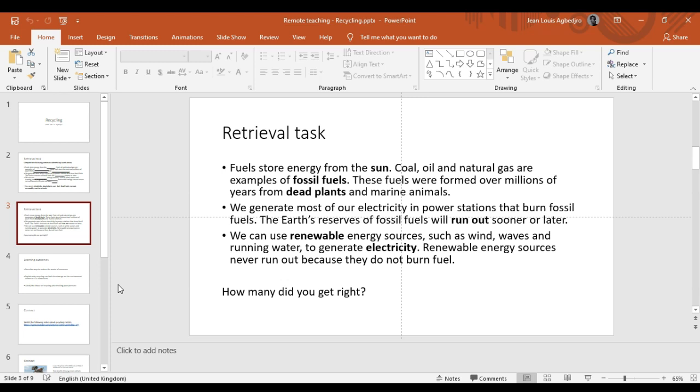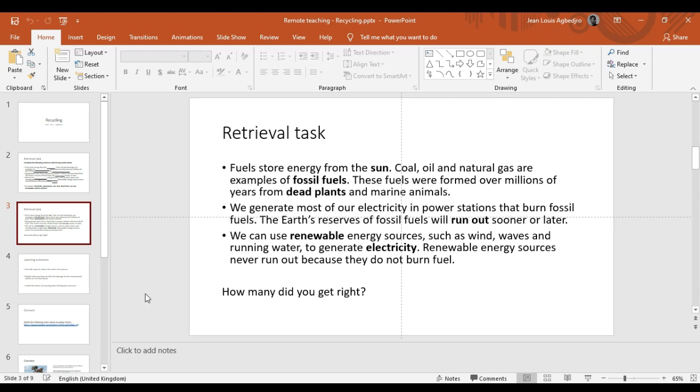It never runs out. So the sun, the wind, these things, we will always have them somehow. So if we use this kind of energy, then we will preserve the environment.